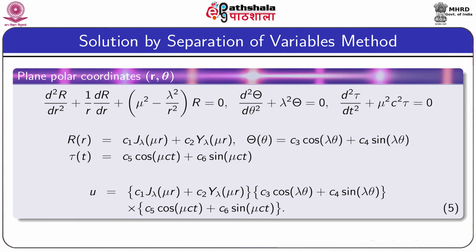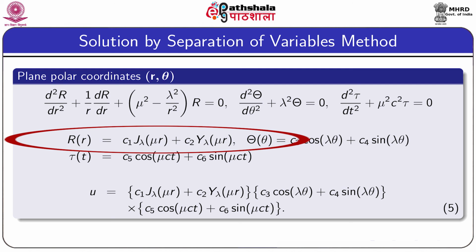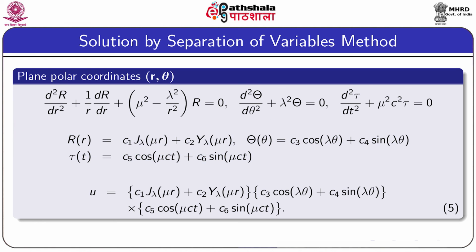Now, if we see the R equation, this is Bessel's equation of order λ. So, the solution for R can be written as R equals C1 J_λ(μr) plus C2 Y_λ(μr), where J_λ and Y_λ are Bessel's functions of order λ of the first kind and second kind respectively.